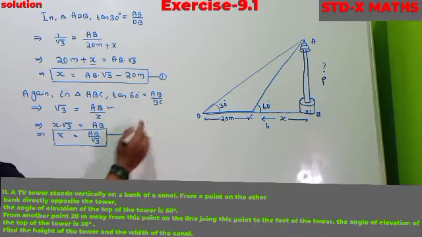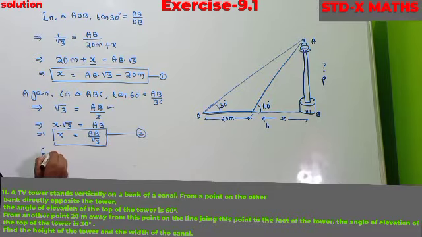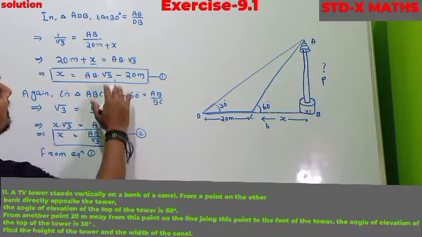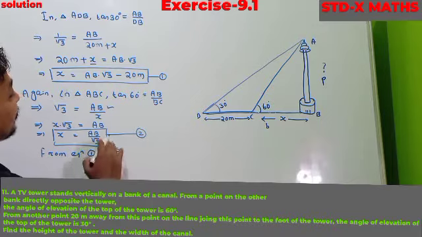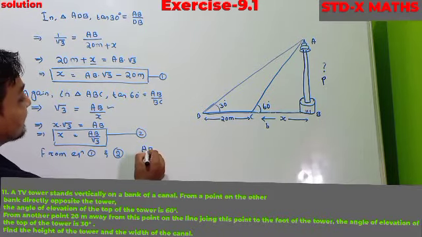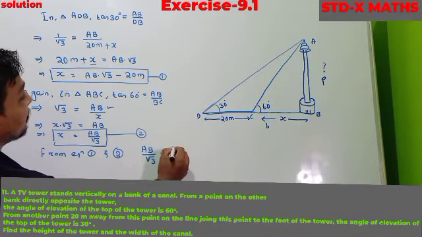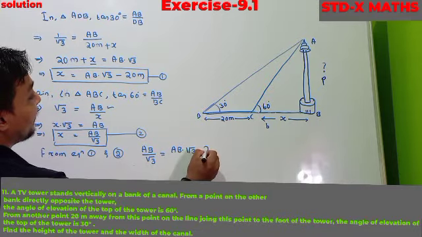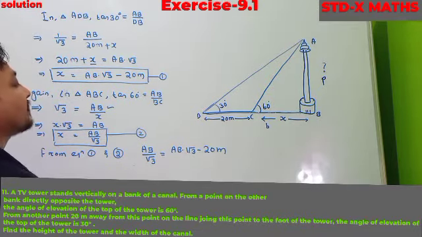From equation 1 and equation 2, as the left sides of both equations have X and are equal, the right sides will also be equal. So AB divided by root 3 equals AB into root 3 minus 20 meters.